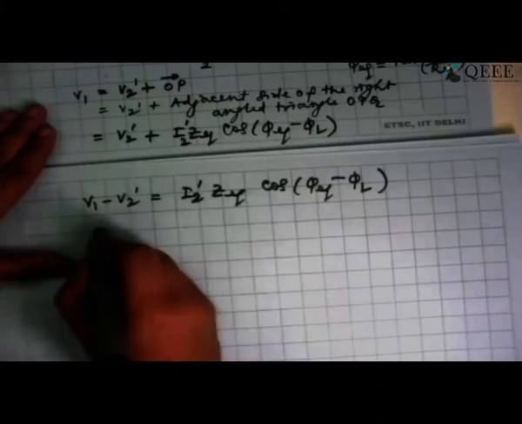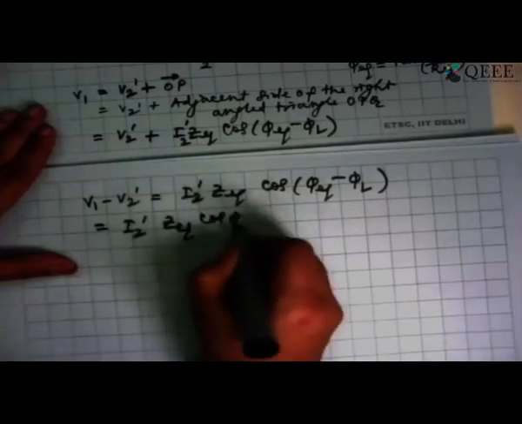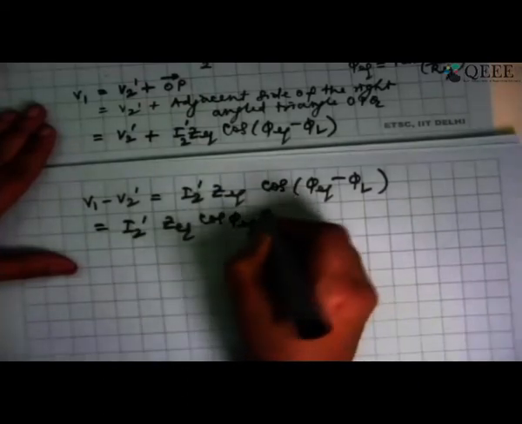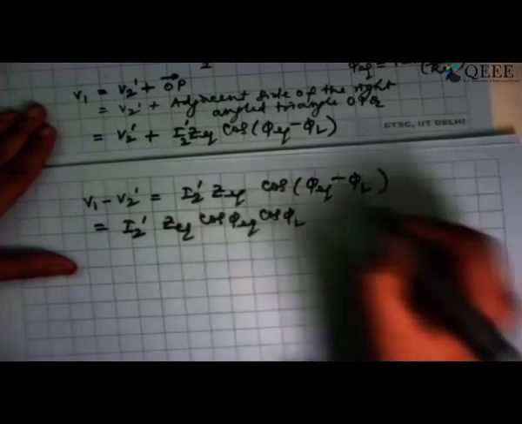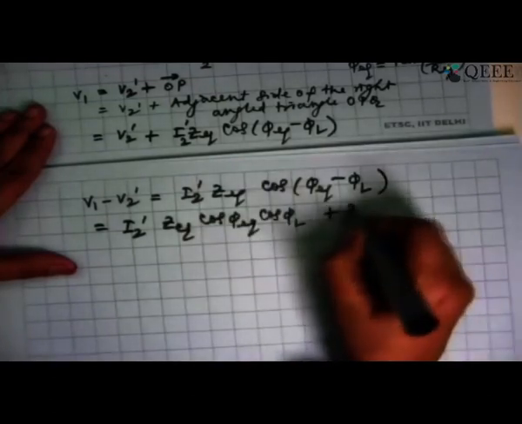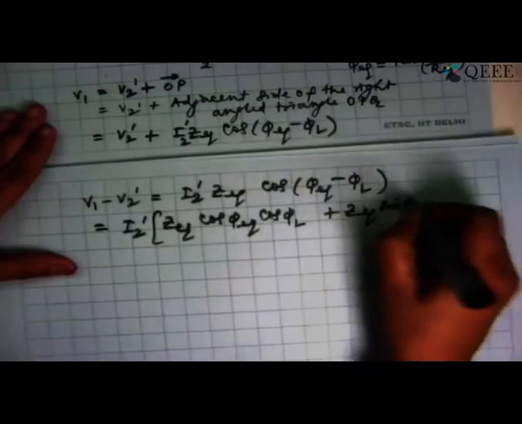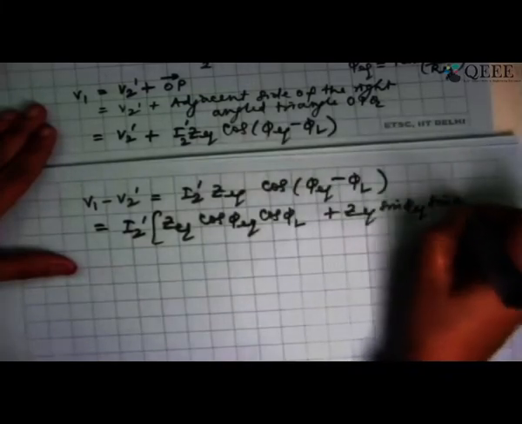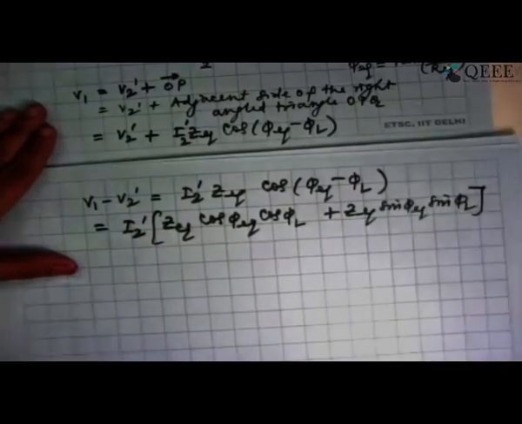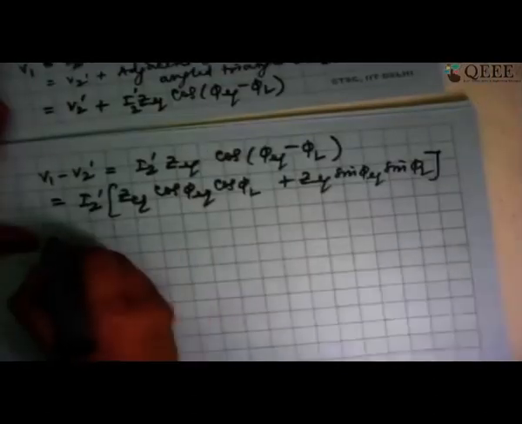So let me expand this. I2' Z equivalent cos phi equivalent cos phi L plus Z equivalent sin phi equivalent sin phi L. So let me write this again.